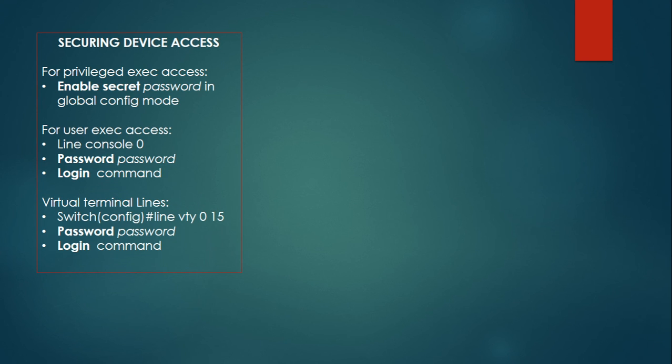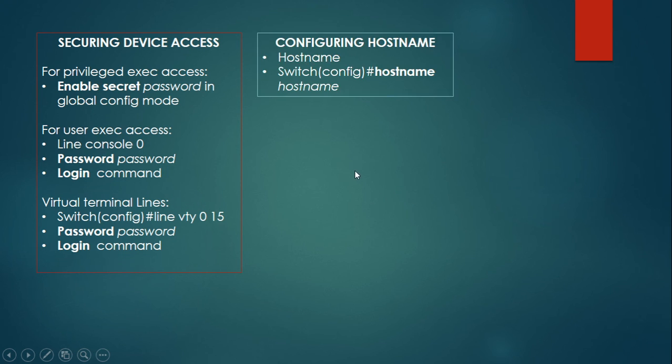For virtual terminal lines, we have switch config hashtag line vty 0 15. It switches your configuration into line vty 0 15, and you can also set a password here and the login command.